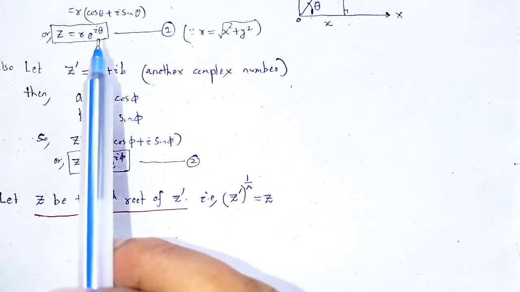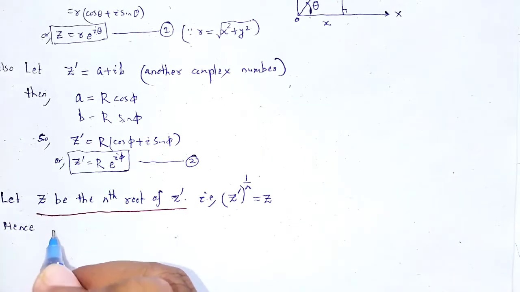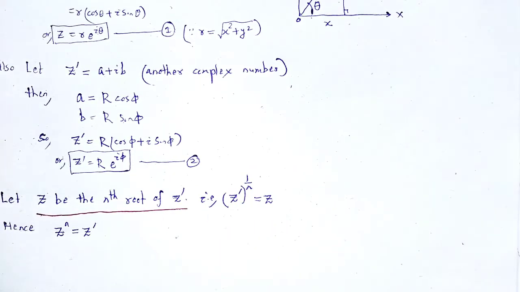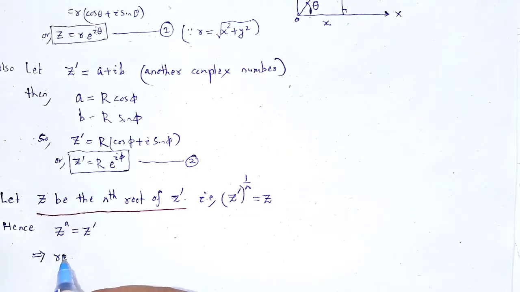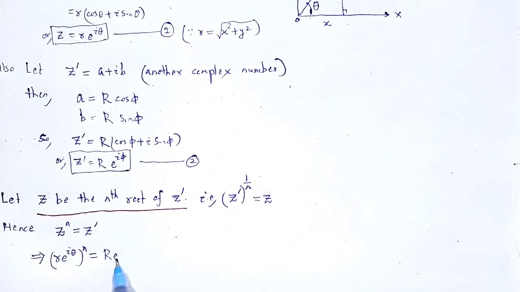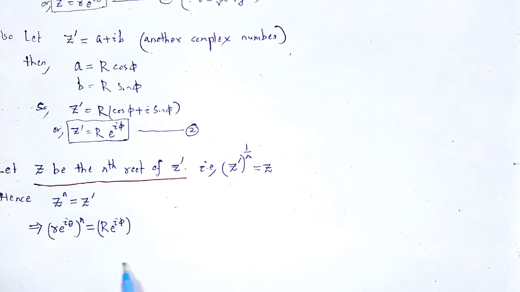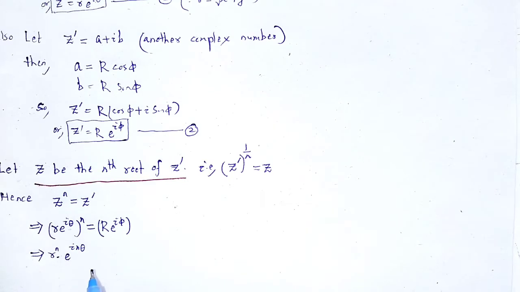We write z and z dash in terms of polar form. Hence, z to the power n is equal to z dash, which implies r into e to the power i theta, the whole to the power n, is equal to z dash, capital R e to the power i phi, which implies r to the power n into e to the power i n theta is equal to capital R e to the power i phi.